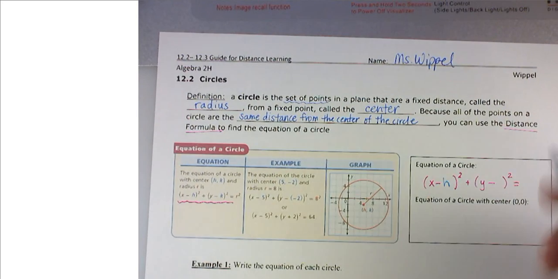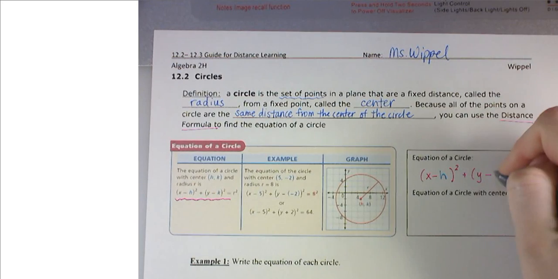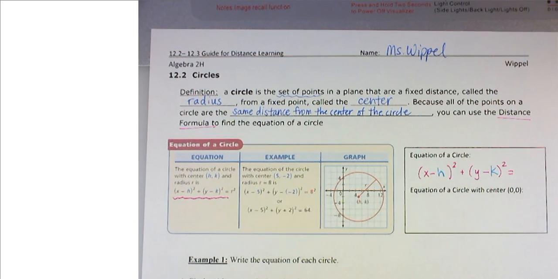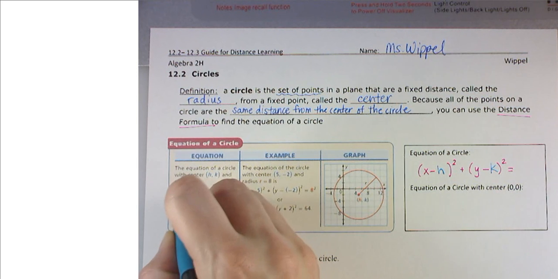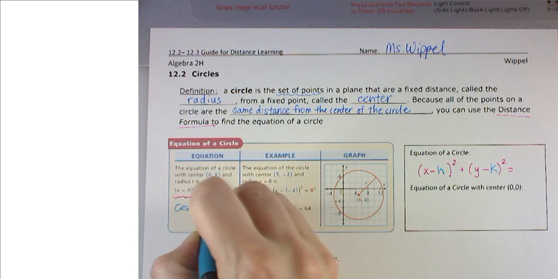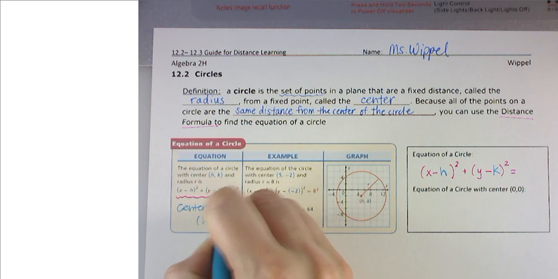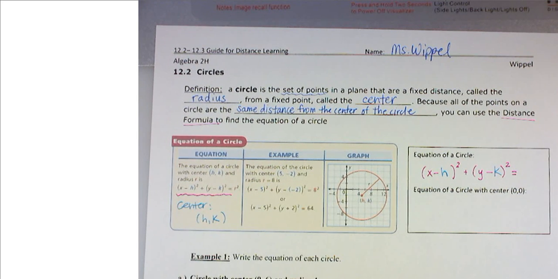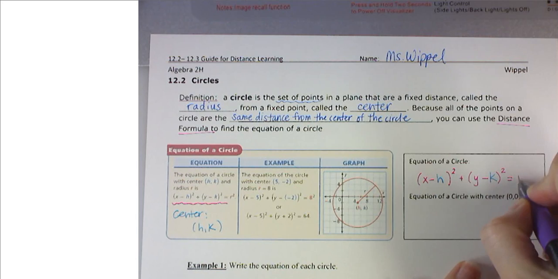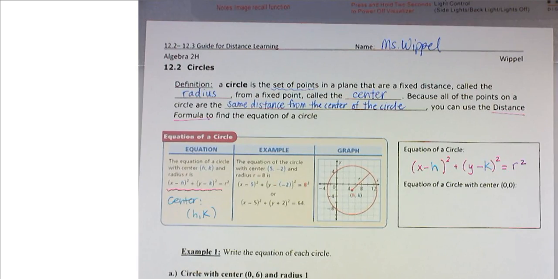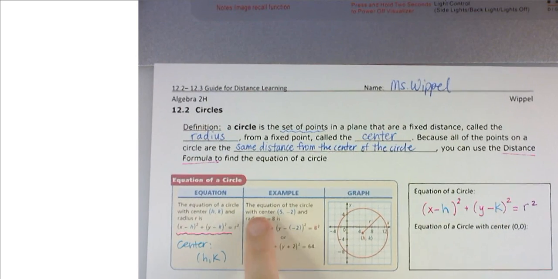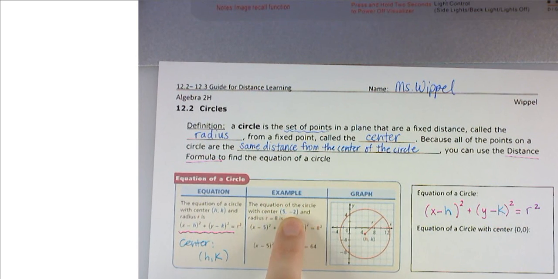And this is where the h and k is going to be the center. Okay, so the center of your circle is (h, k). And then again, it does equal r squared. So not the radius, but the radius squared. Here's an example. If you know what the center is and the radius, you can plug those values in.